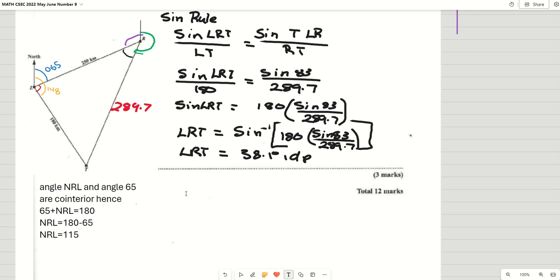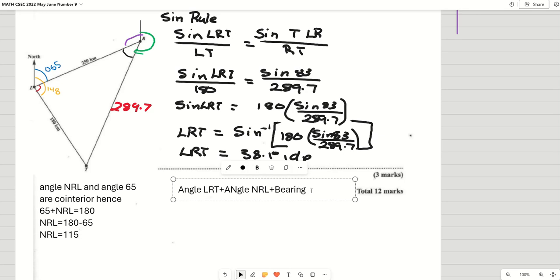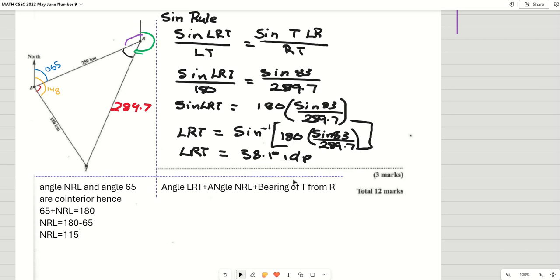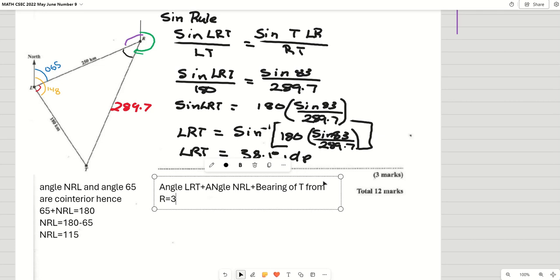So we know that angle LRT plus angle NRL plus the bearing of T from R is equal to 360. It's a complete turn, we saw that.